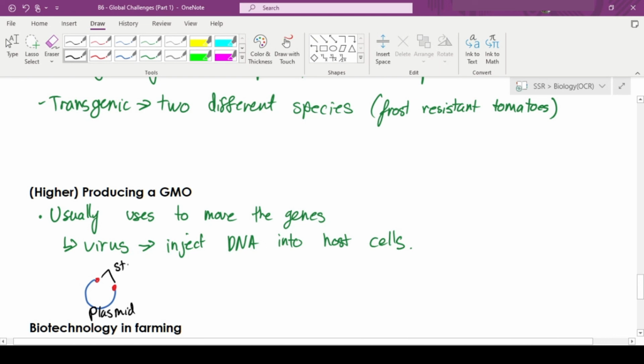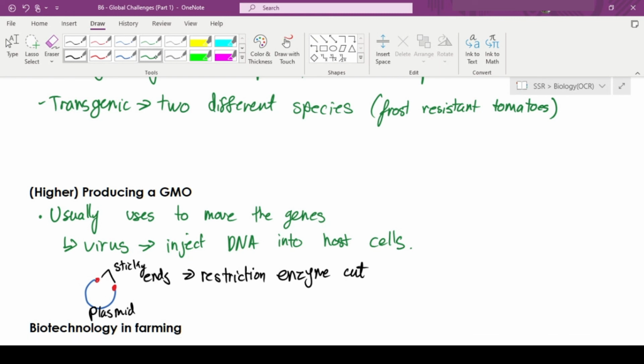And hopefully you remember that those are created by restriction enzymes, which are special enzymes that cut DNA at a given place. And so what you do when you're creating one of these, either with a plasmid or with a section of DNA in a virus, is you cut out using the same restriction enzyme your desired gene, and then those two sets of sticky ends will match.